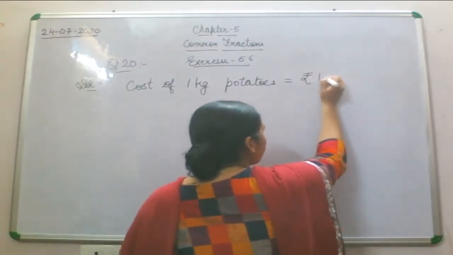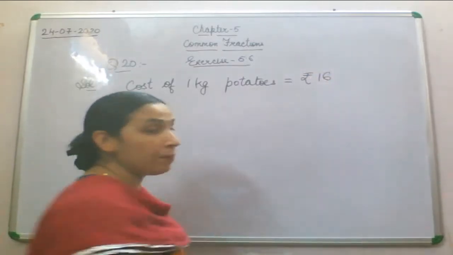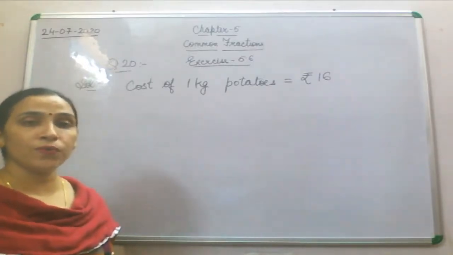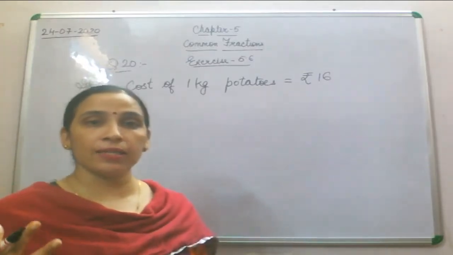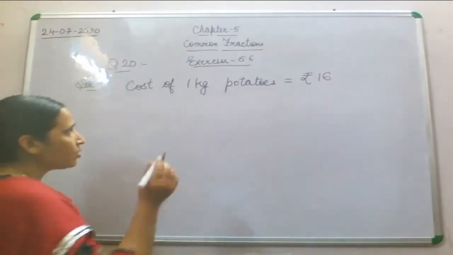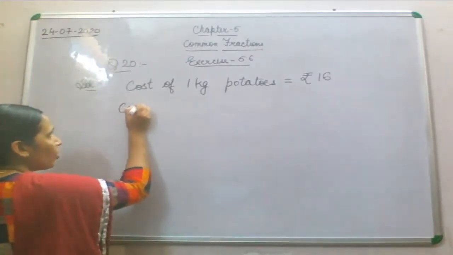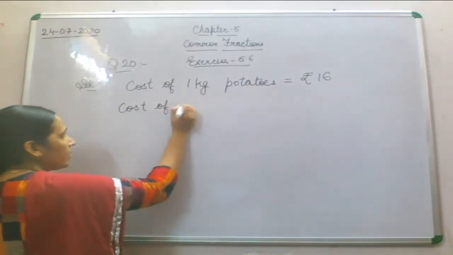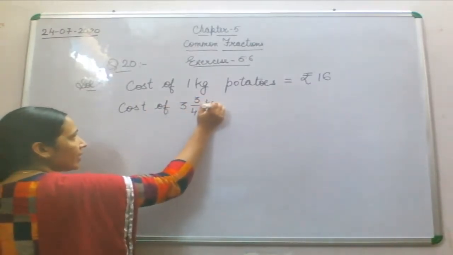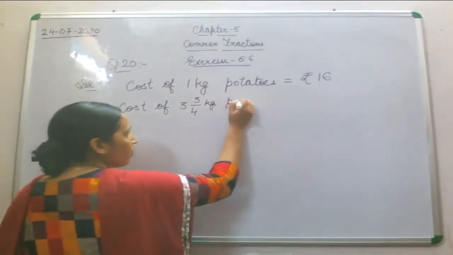Now cost always comes in rupees. Remember this when you are writing the answer at last. Fine, children. Now what do you have to find out? The total cost of 3 by 4 kg of potatoes. So let's find it out. Cost of 3 by 4 kg potatoes.